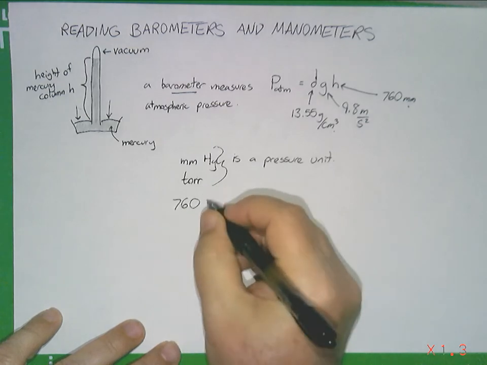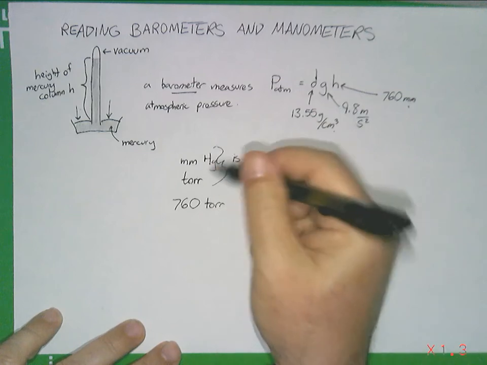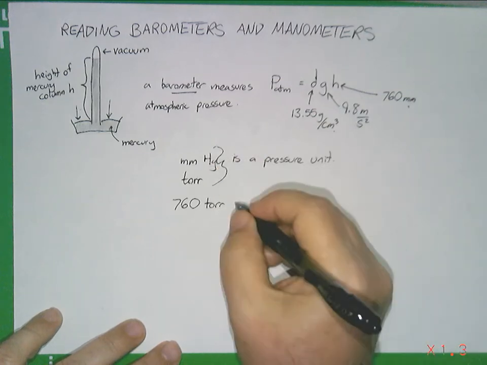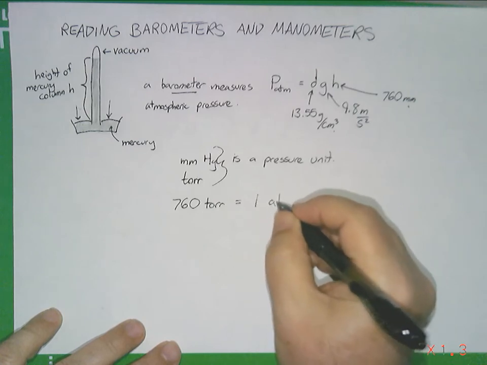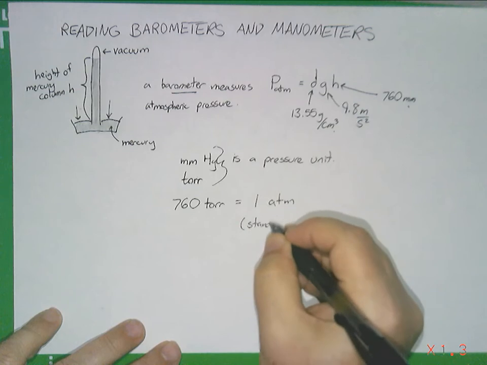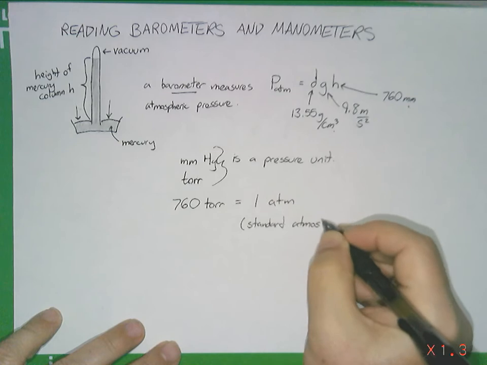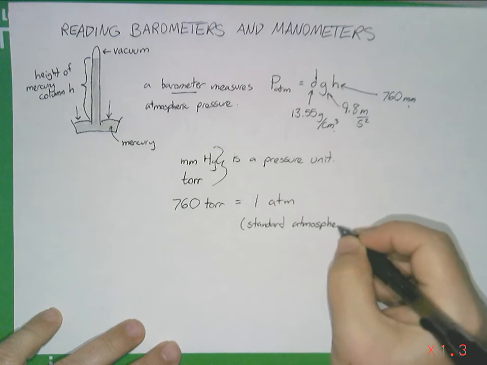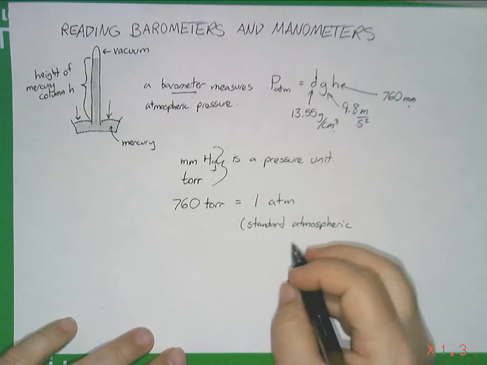760 torr, or 760 millimeters of mercury, those are interchangeable, I'm going to define as normal atmospheric pressure, or standard atmospheric pressure. The atmospheric pressure down in Baltimore, down at sea level, averages out to be about 1 atmosphere.